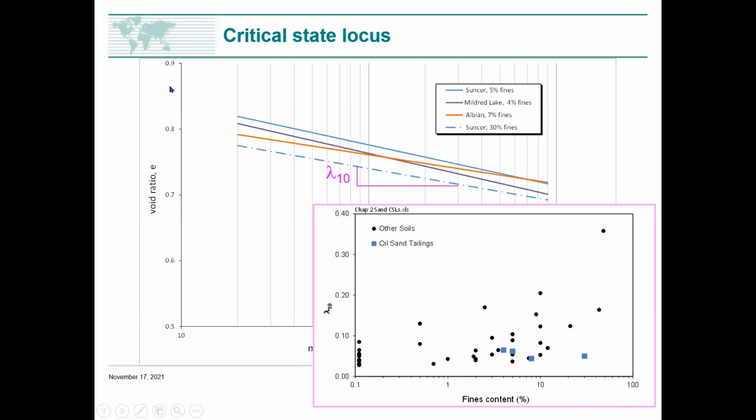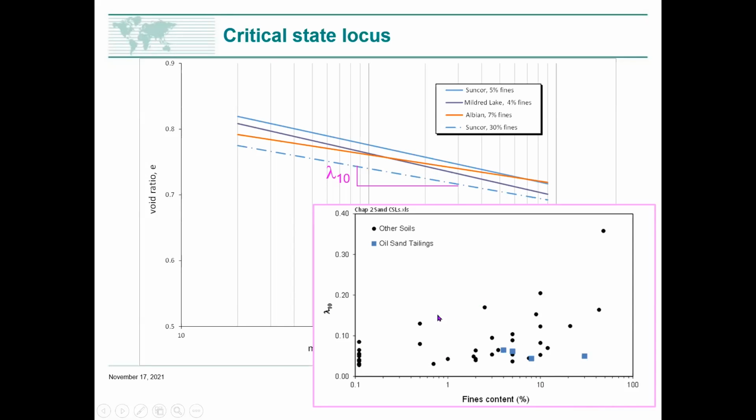Interestingly, it's helpful to think about how your materials stack up compared to the experience database. What I have on this second plot here is this property lambda 10 plotted against fines content, and there are 30 different soils on this plot. Over here is our standard laboratory clean sands, the Ottawa sand, the Ticino sand, where we've stripped all the fines out of it.